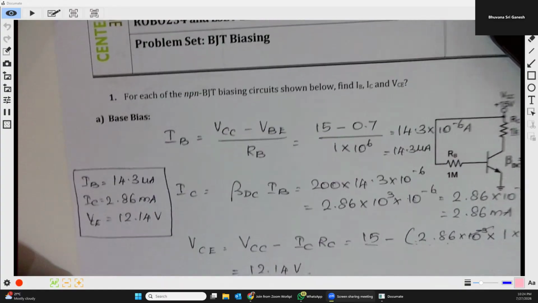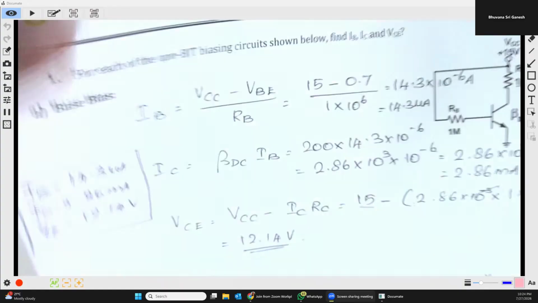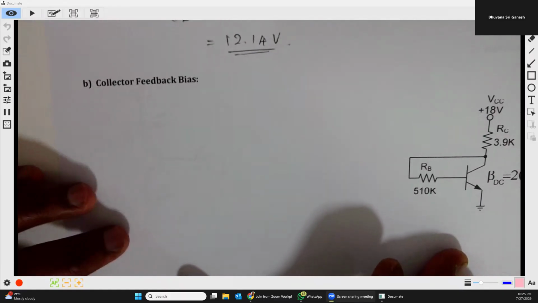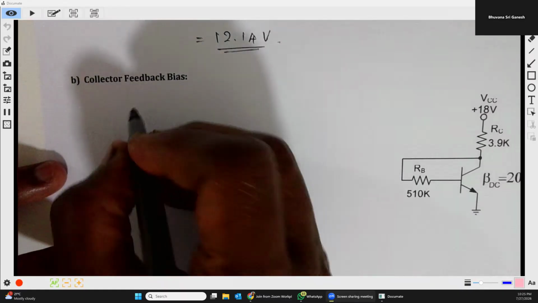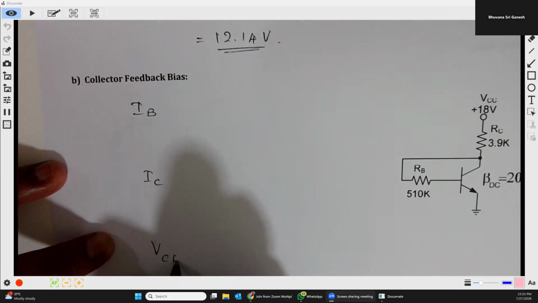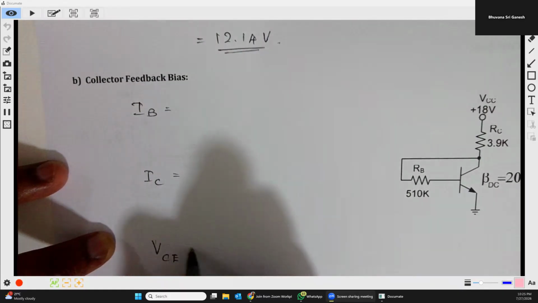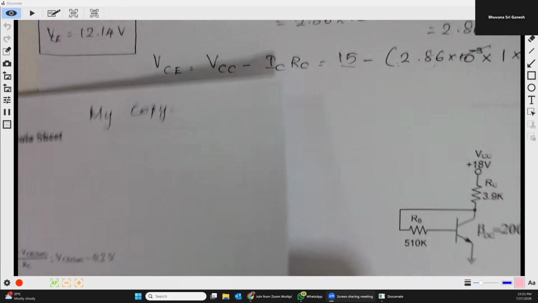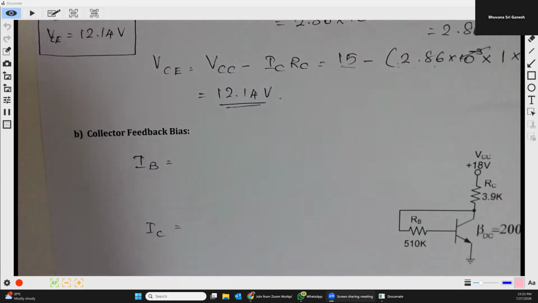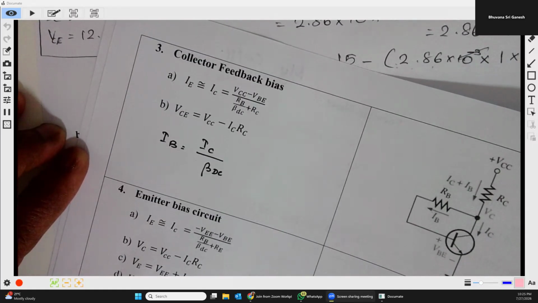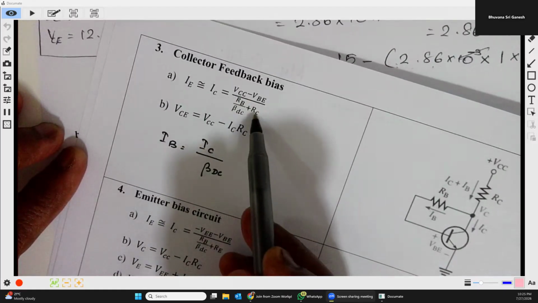Alright, next question. Collector feedback bias. Again, go into the formula sheet and get the formulas for the three things: IB, IC and VCE. For the collector feedback network, IC equals VCC minus VBE over RB over beta DC plus RC.